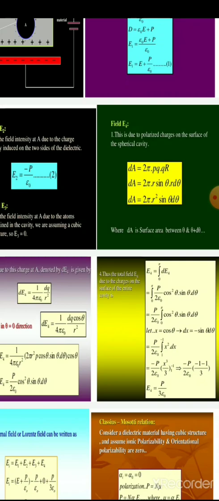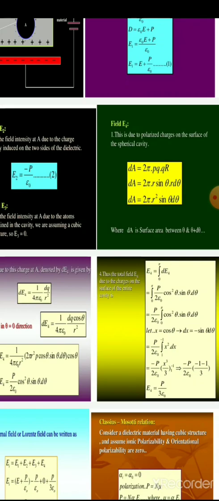Here we are using 1 and minus 1 as limits because Lorentz took 1 and minus 1 for his convenience. On integration we get minus x cube by 3, from minus 1 to 1, times P by 2 epsilon naught.